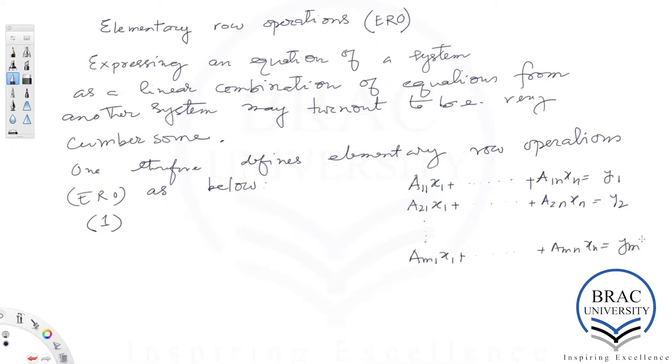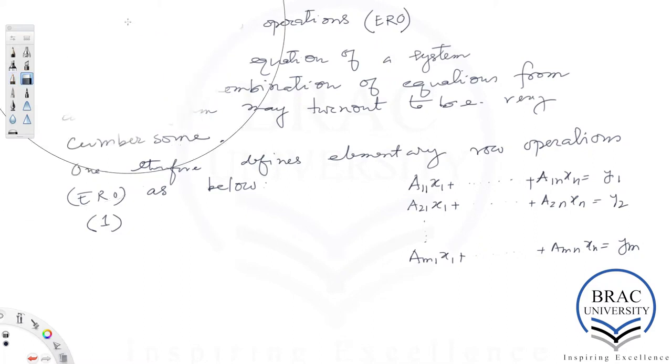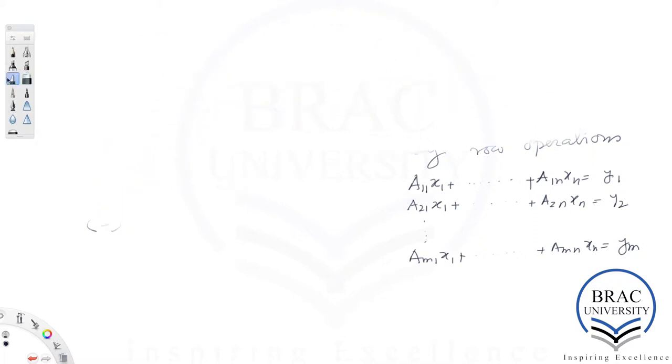One can rewrite this system of linear equations as a matrix equation AX = Y, where A is called the matrix of coefficients, which is an m times n matrix given by a11, a12 all the way up to a1n, the second row being a21, a22 all the way up to a2n, and finally the mth row being am1, am2 all the way up to amn.